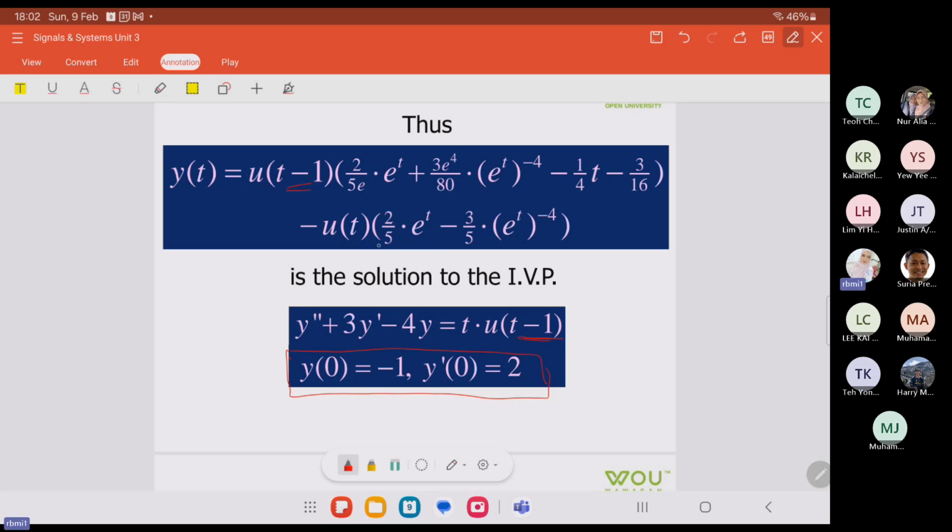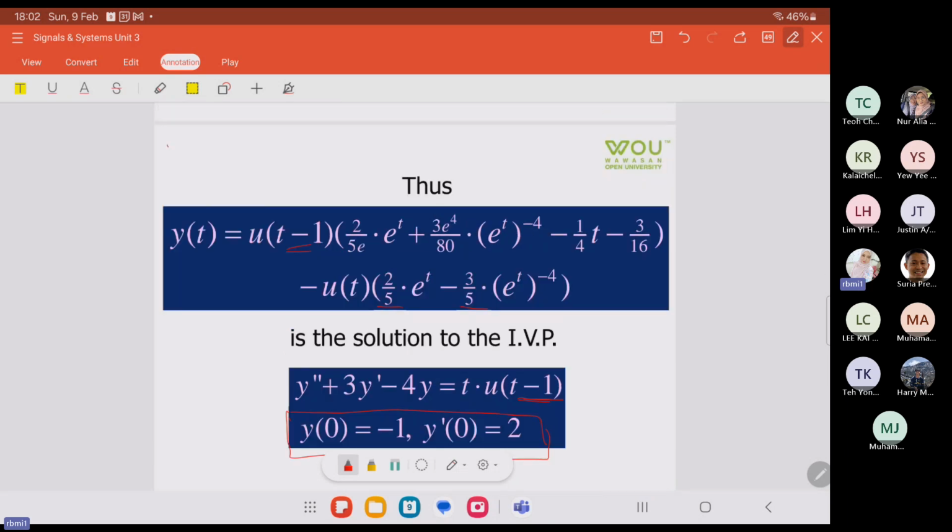How to get the value for each of these? We need to do the partial fractions. I think in our online lab experiment, we have some assessment to do for these partial fractions.